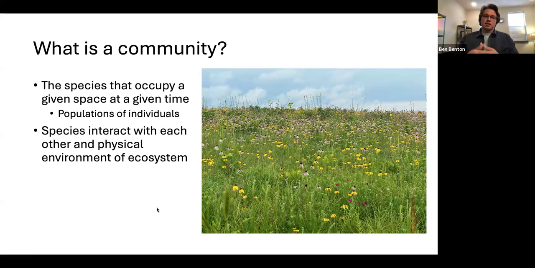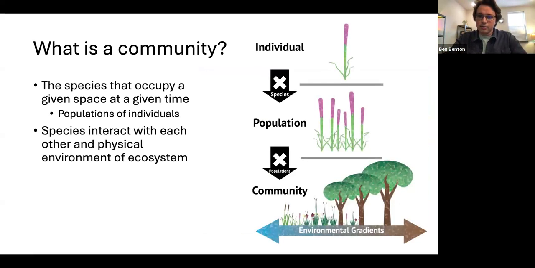Basically, a community is the species that occupy a given space at a particular time. Generally speaking, you have this ecological hierarchy where you have individuals that are of a particular species. And then whenever you have multiple individuals, that forms a population.